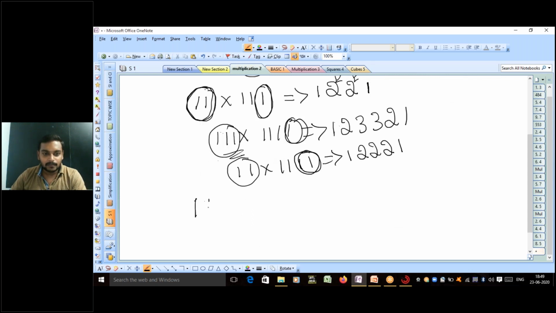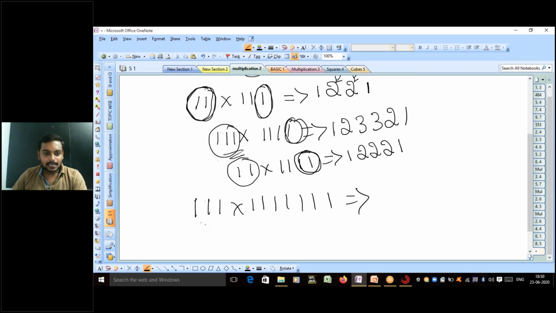For example, if you have a number multiplied with 1 2 3 4 5 6 7, just let me know your answer in the comment box. We have triple one multiplied by triple one and 1.